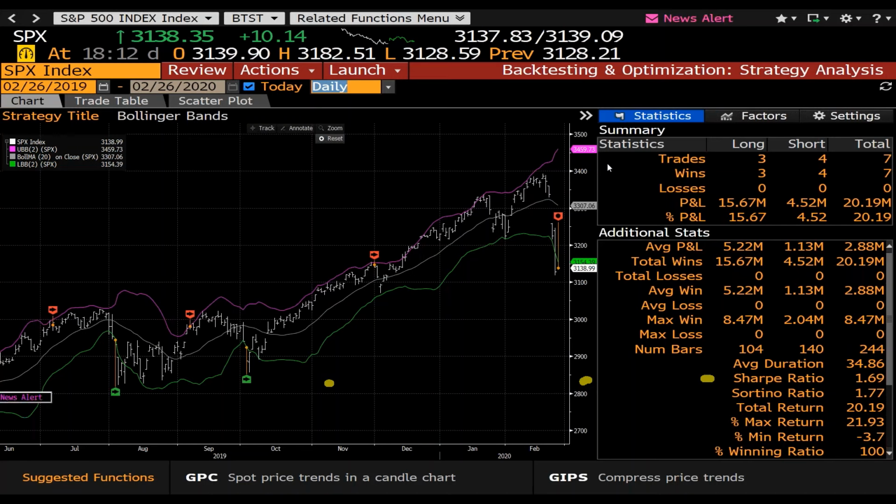So do not try it on different derivatives or different time frames, because the results will be very different, and you will not have what we have right over here, which is a 20% gain over the period of 1 year with 15% winning trades and a 4.52% gain on the short side as well. None of the trades were losing trades. All of the 7 trades made were winning trades. So that is the beauty of the current situation.